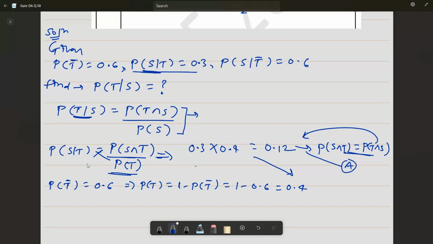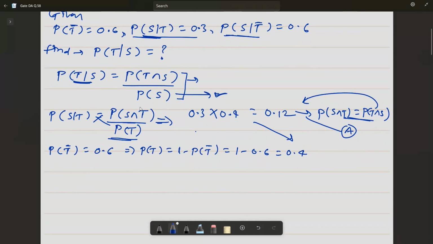Now in the next step we need to find probability of S. For that we will take this one: we have given probability of S given T complement is equal to 0.6.